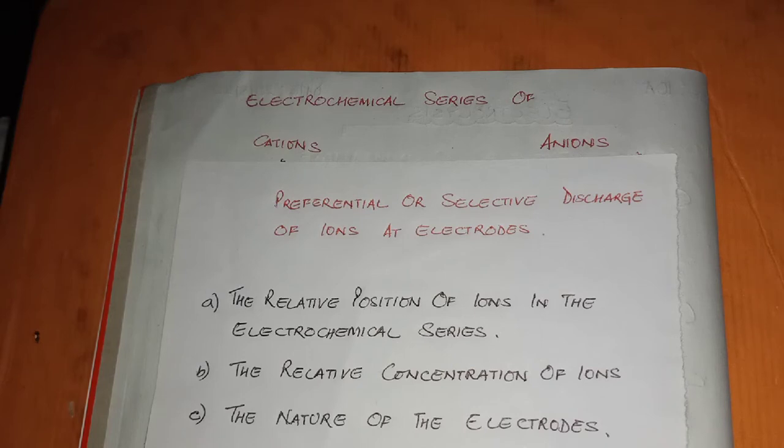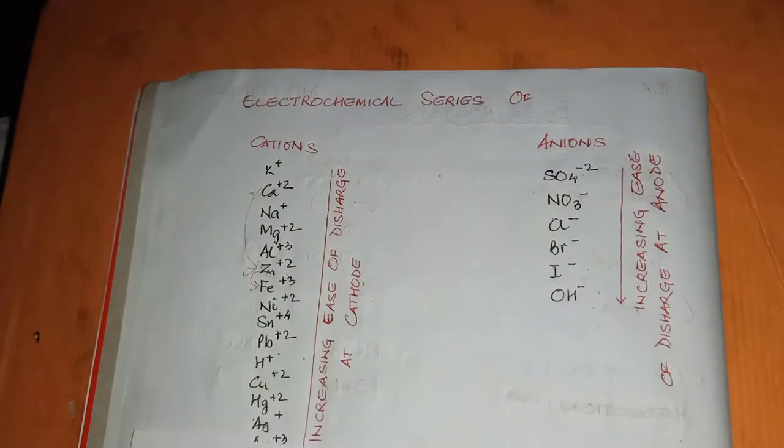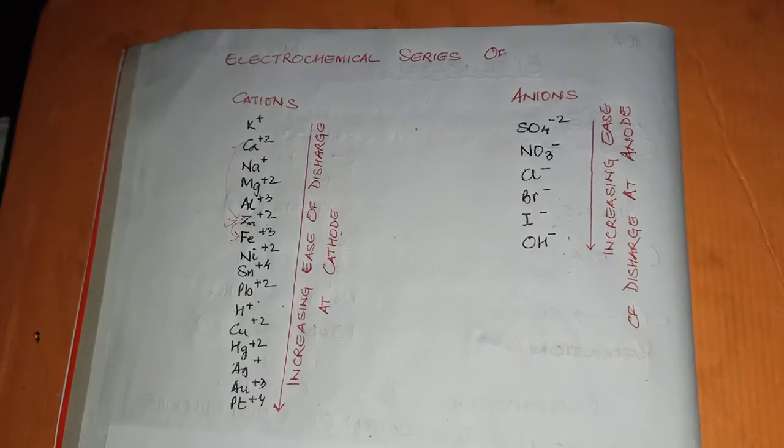That means the higher the position in the electrochemical series, the lesser the chance of being discharged at the electrodes, and the lower the position of the ions in the electrochemical series, the greater the chance of being discharged at the electrode. And this is what we discussed in our previous class.